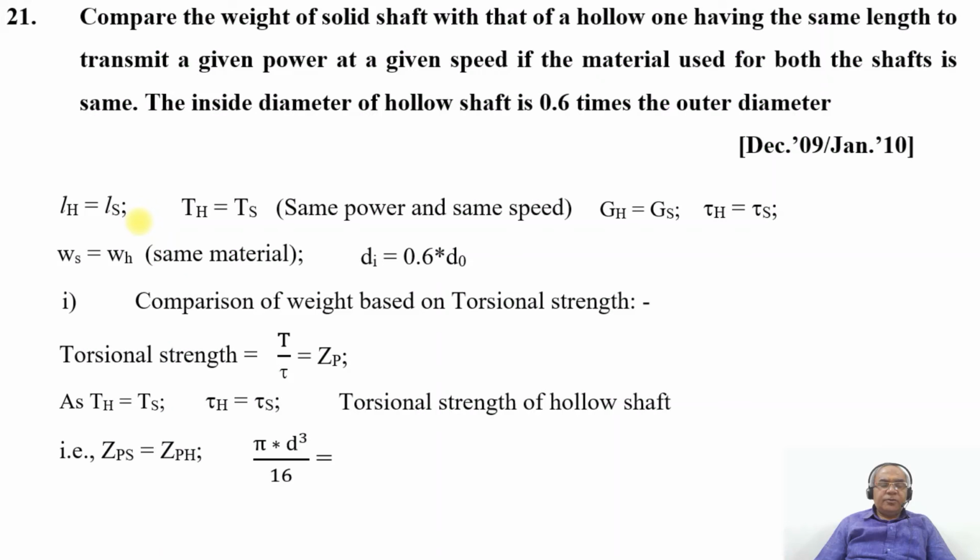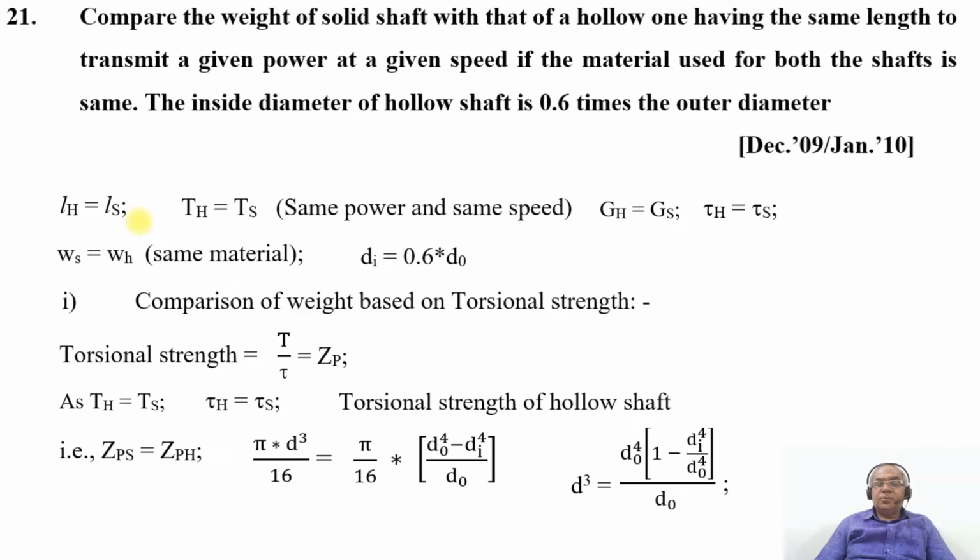So pi d cube by 16 equals pi by 16 into d naught to the power of 4 minus di to the power of 4, divided by d naught. Pi by 16 cancels, so d cube equals d naught to the power of 4 into the bracket 1 minus di by d naught whole to the power of 4, the entire thing divided by d naught. So d naught gets cancelled.